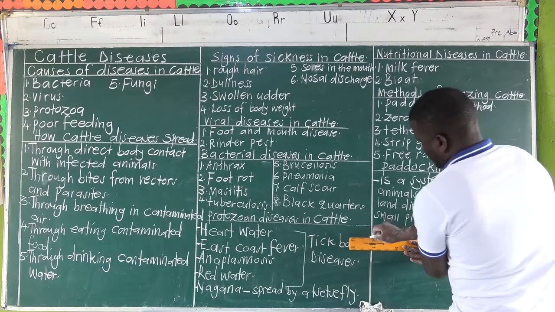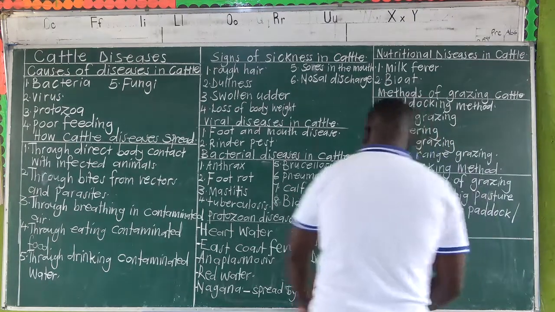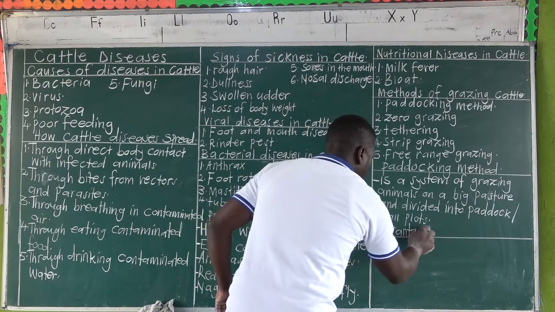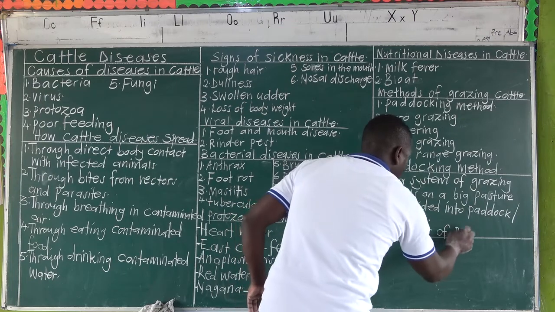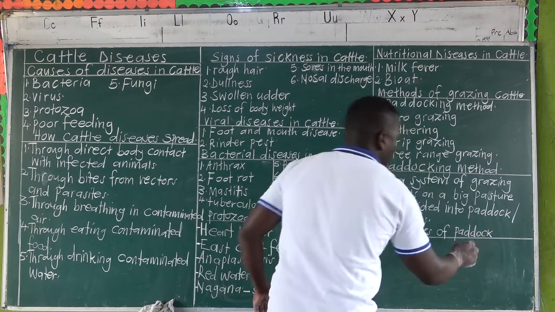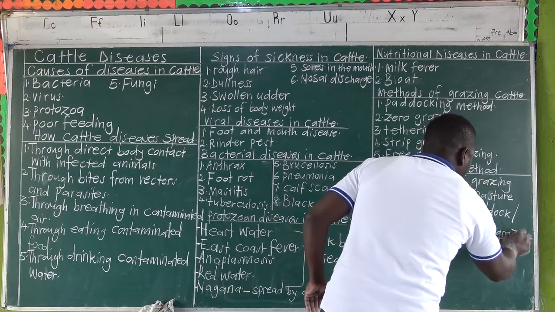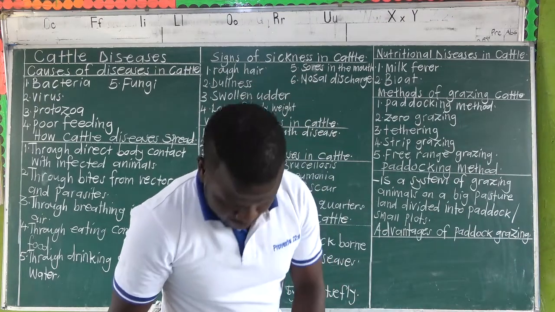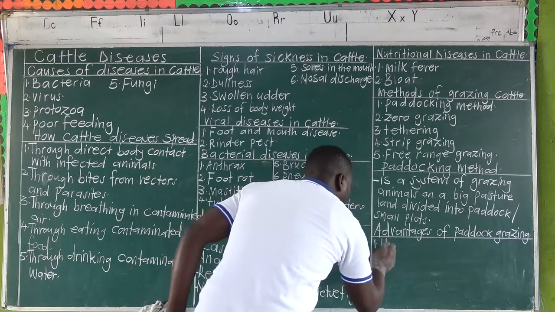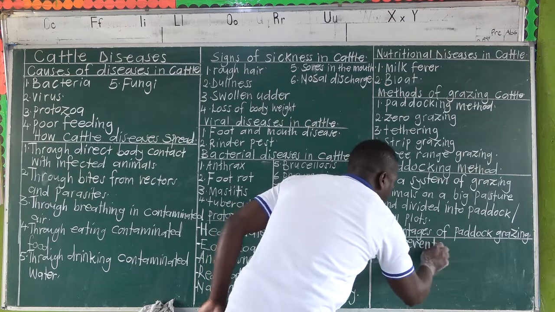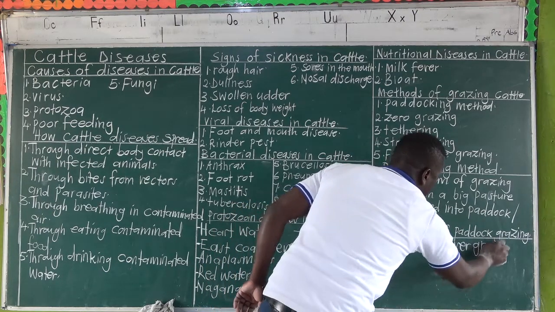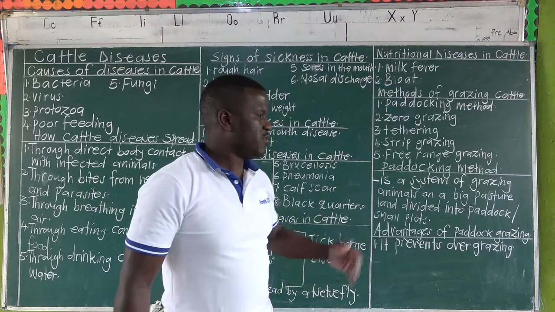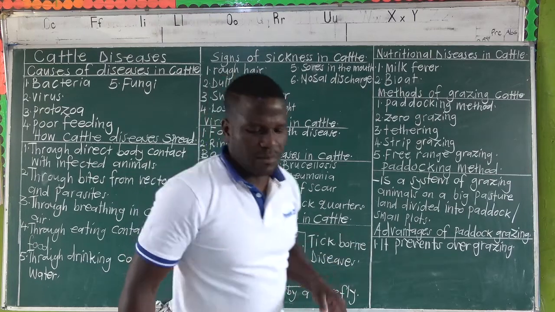Advantages of paddock grazing. It prevents overgrazing, because animals feed on grass in these paddocks at different times.